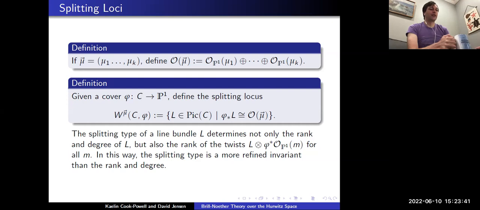If you look at the set of line bundles whose push forward is O of mu, or O of something that's larger than mu in this partial ordering, that's a closed variety. It's not necessarily the closure of this variety, but it is when C is sufficiently general. Okay, so if we go back to our example, I think that's the next thing.